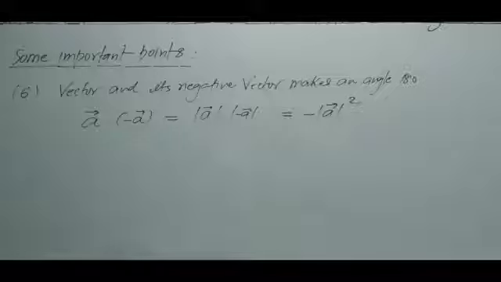Now the seventh point is for mutually perpendicular unit vectors. Unit vectors i, j, k.